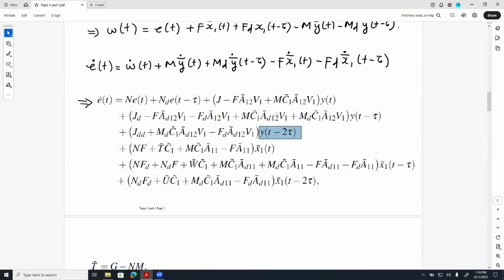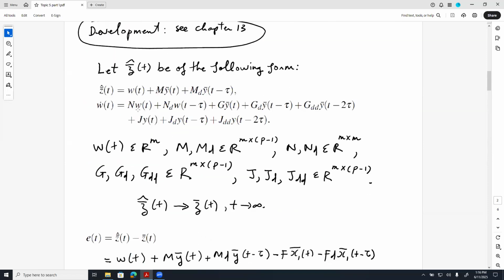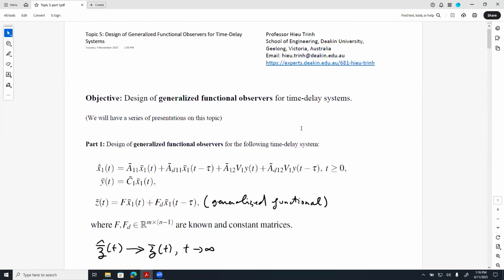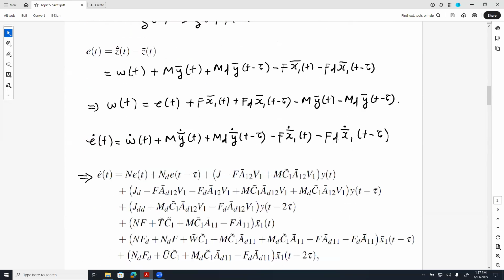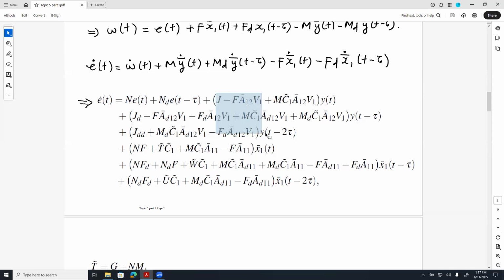These are terms associated with the parameters in here. And when we substitute in these terms and all of that, we got those expressions up to here. And then we got the terms which are included in these brackets. That is a matrix equation. And then another one, and then another one. So that's how we obtain the error dynamic equation.